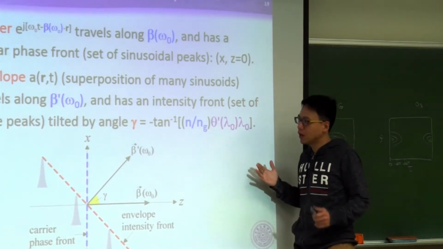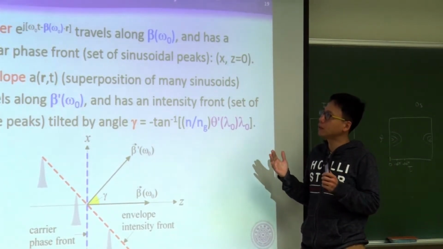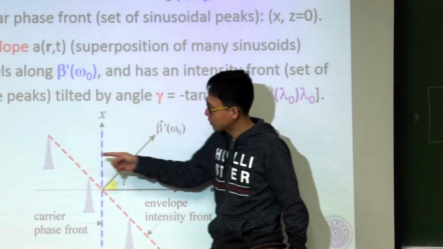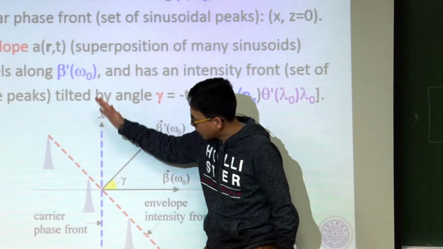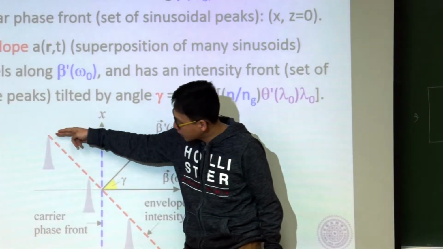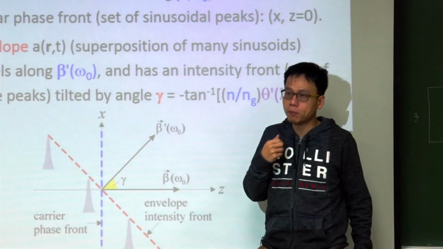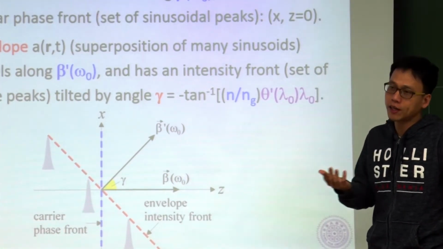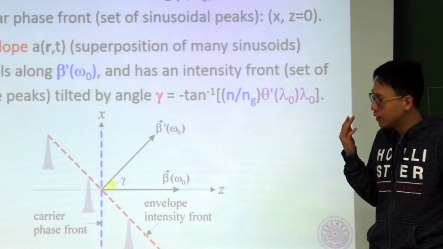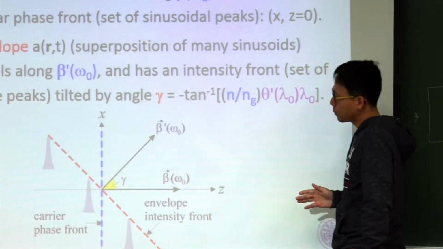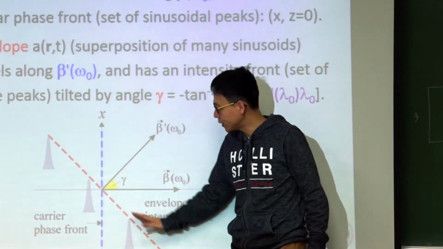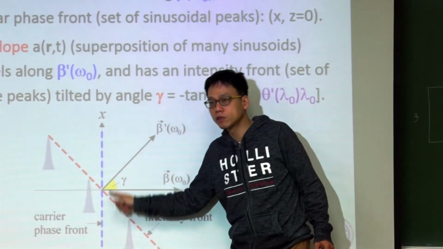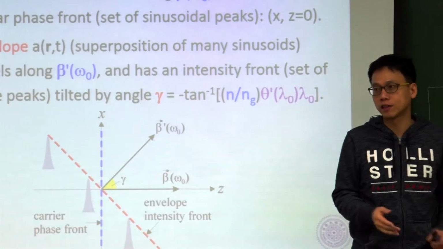So for example, after superposition of many sinusoids of different colors, you got a pulse, right? But on the xz plane, you can collect all the pulse peaks together. That will give rise to your intensity front. And this intensity front, represented by the red dashed line, makes an angle with respect to the blue dashed line, the phase front.